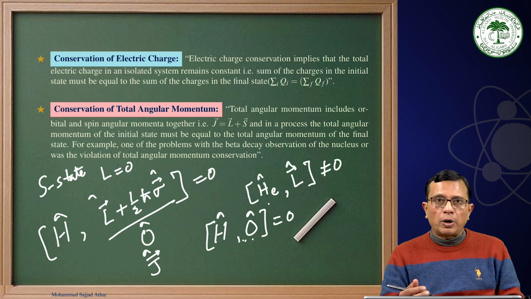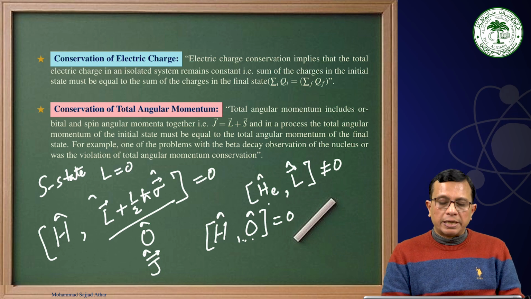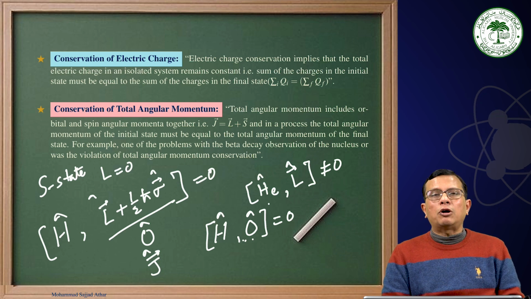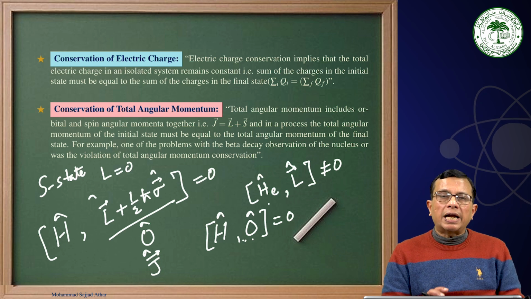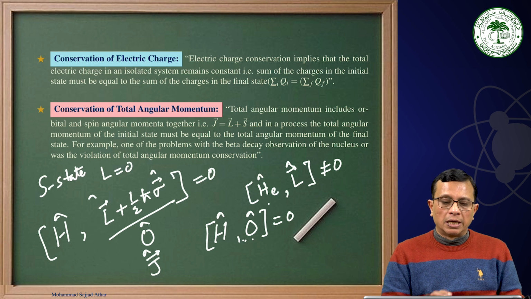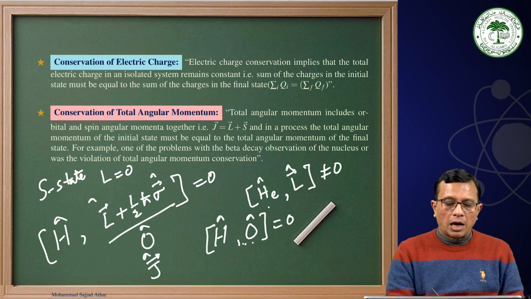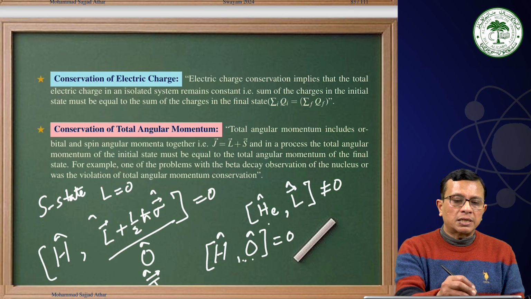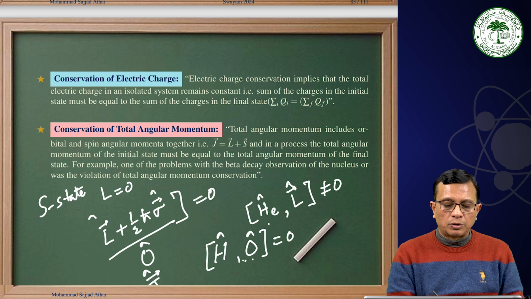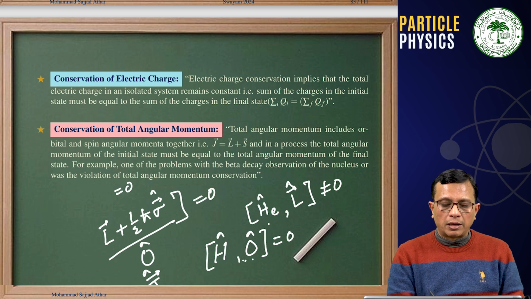Therefore, the important point is, in general, it is the sum of orbital and spin angular momentum that is the full operator, and that commutes with the Hamiltonian of the system, and we should keep that in mind.